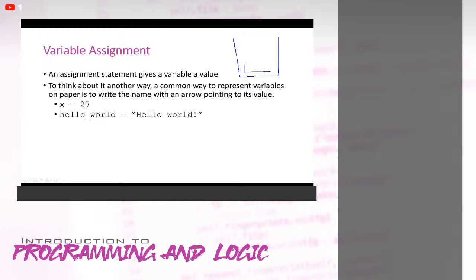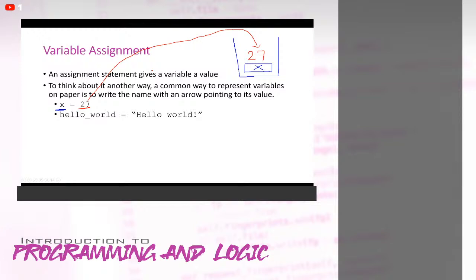We're slapping a label on it, and on that label, we're putting the name x. That's what we've done on the left-hand side of our equal sign in terms of declaration. On the right-hand side, we're assigning this value. We're taking 27 and putting it into our container. So our container now has 27 in it.